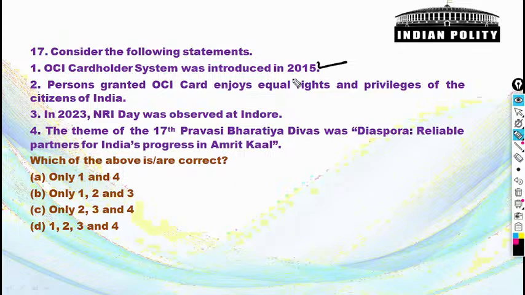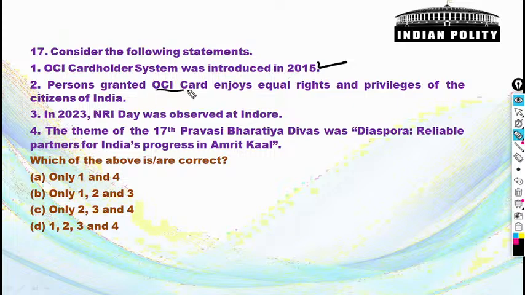OCIs were earlier citizens of India and now they are citizens of other countries, and PIOs were residents of India before 1947. There are about 20 million or 26 million OCIs and Indian diaspora, including NRIs. So these people were granted special privileges by the Government of India under the OCI cardholder system provision.